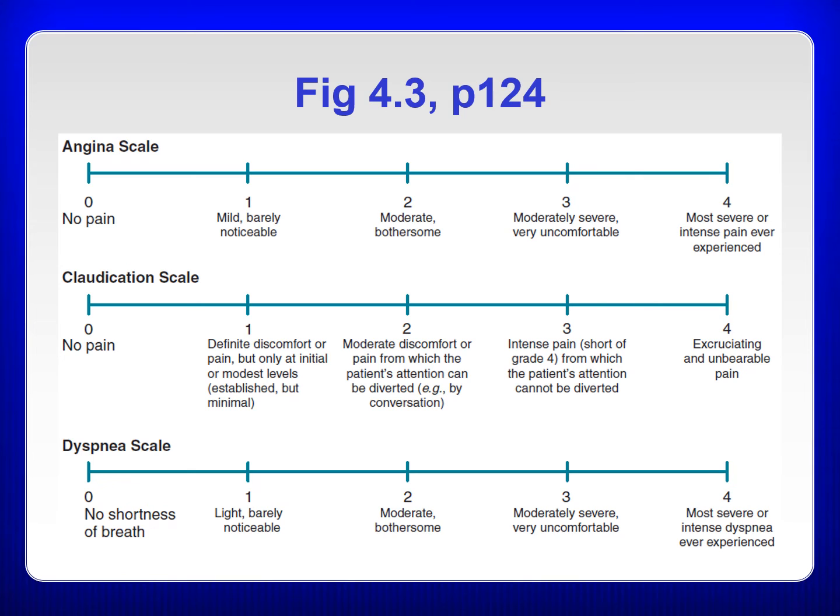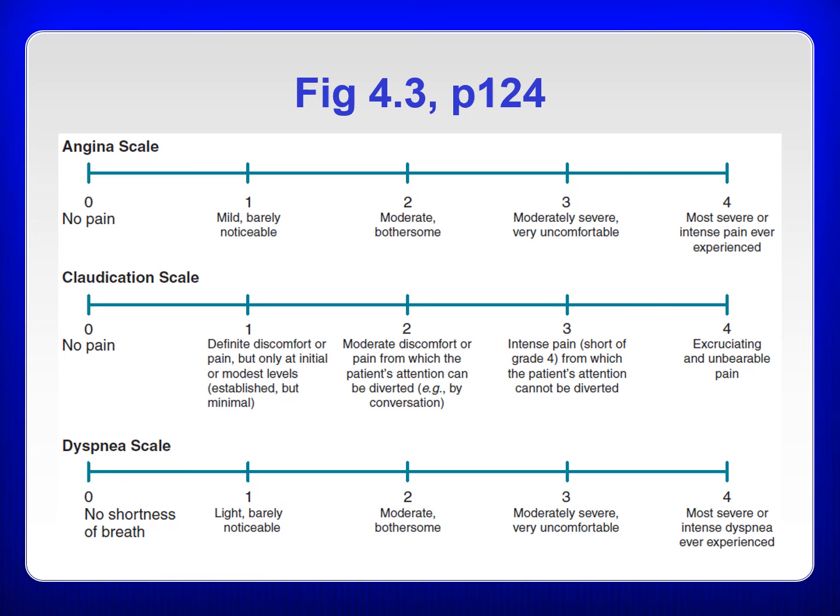The angina scale is going to be utilized in that assessment. Claudication is a discomfort or pain that's felt in the lower body, in the calves and the feet, and that is with peripheral artery disease. And dyspnea would be if somebody is also having shortness of breath during their cardiovascular assessment.